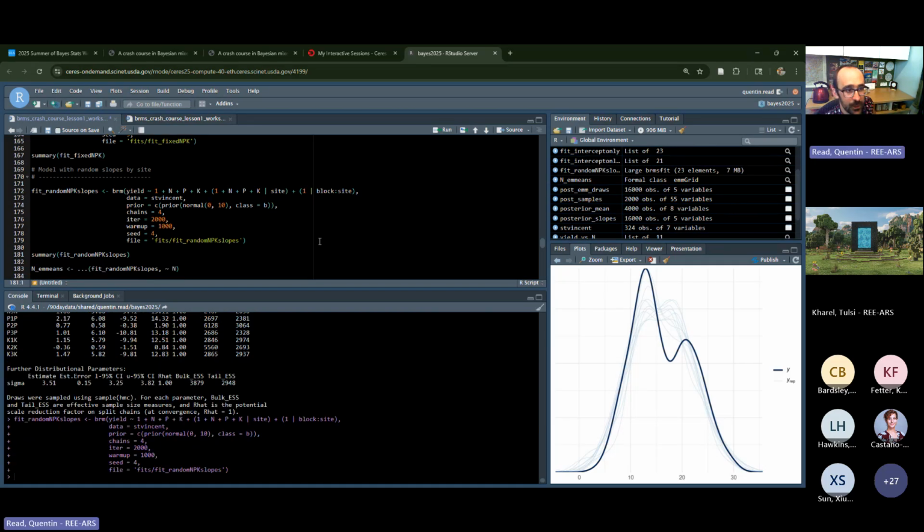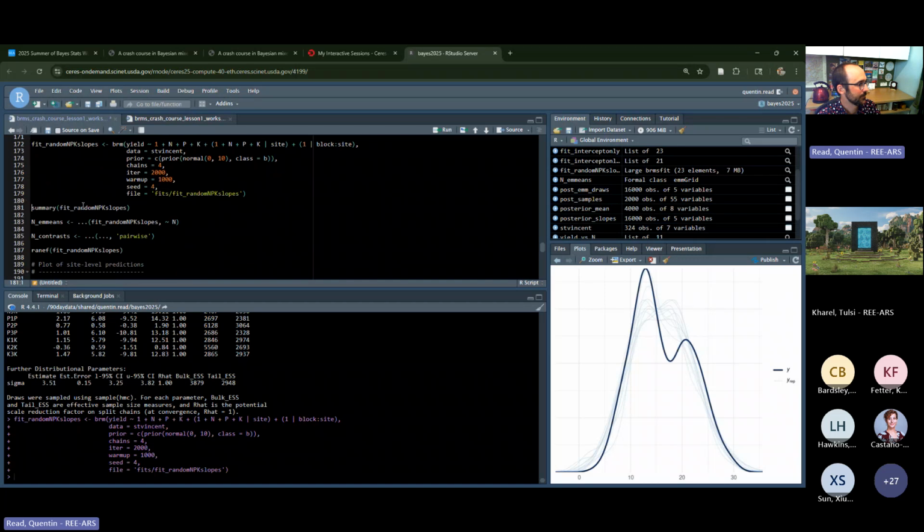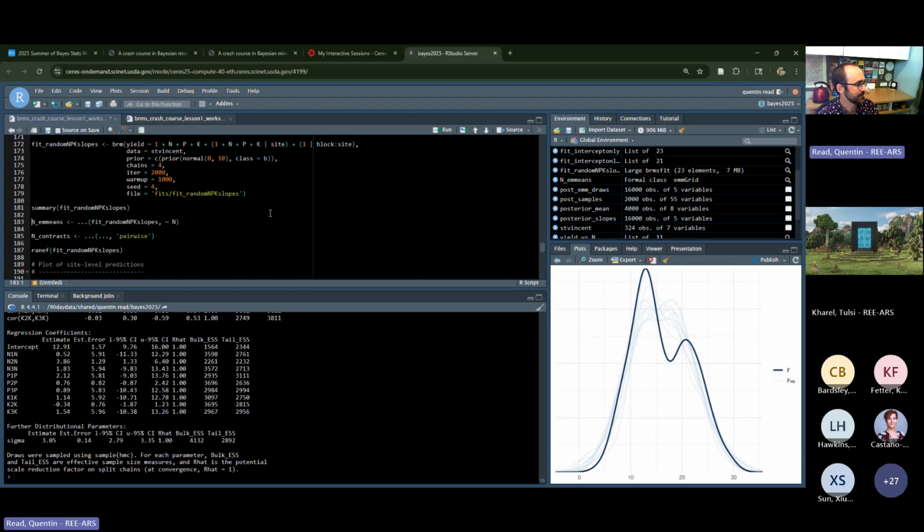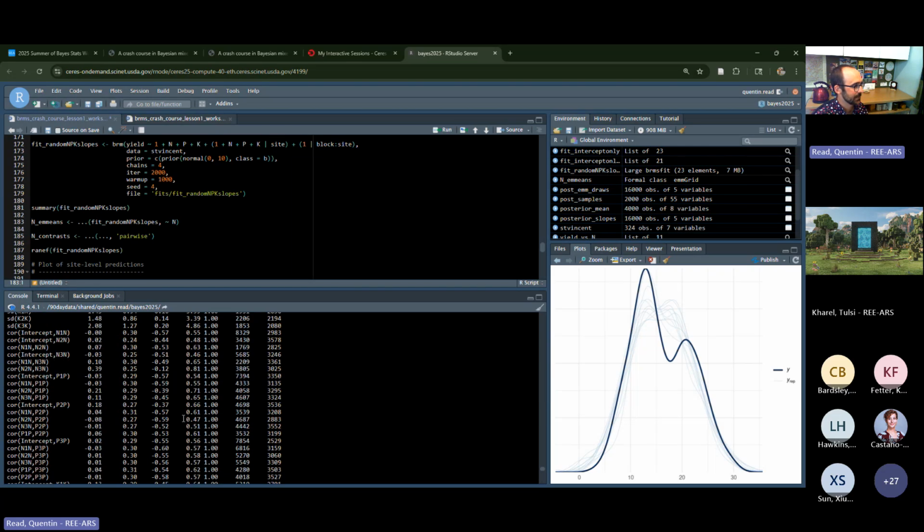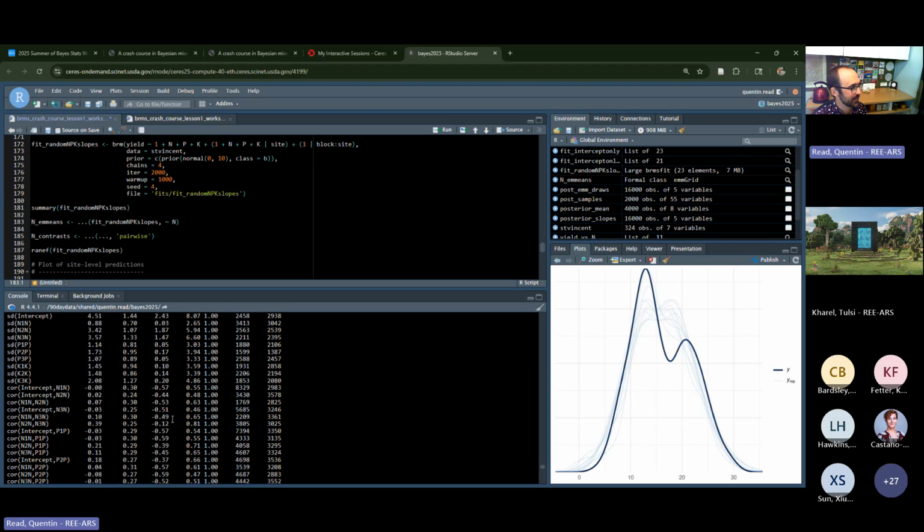Okay, I'm not going to show the trace plots and the diagnostic plots. You can run those on your own if you want. I'll go ahead and show the model summary, so you can see what kind of parameters we get now. Run that line, summary. The fixed effects are the same ones as before, but look how many random effects we have now. Oh my gosh, there are so many, right?